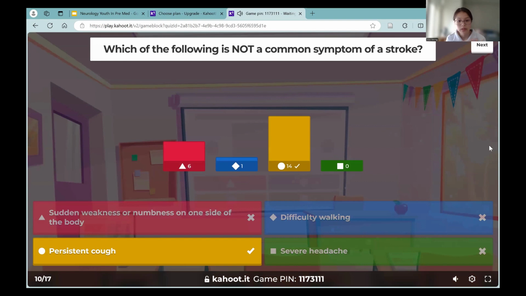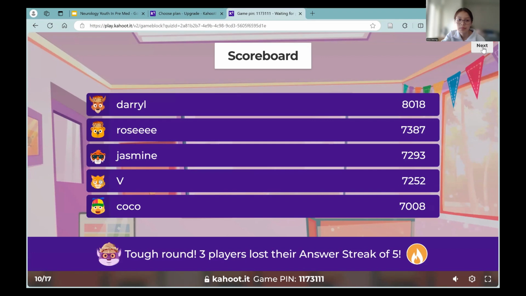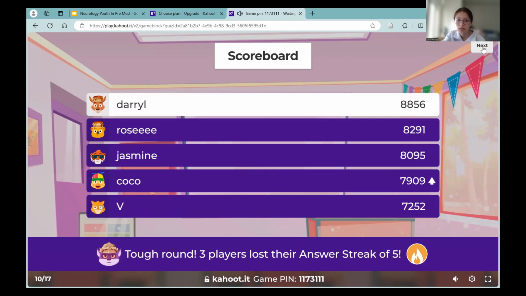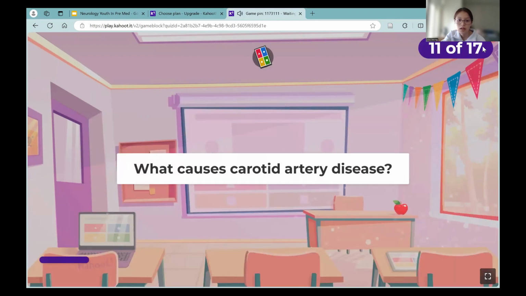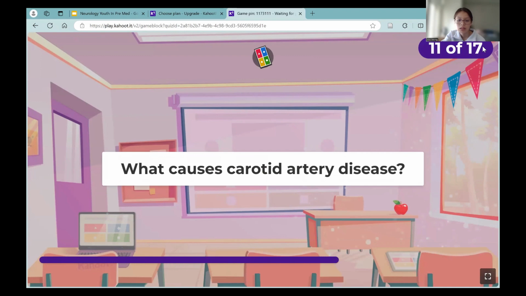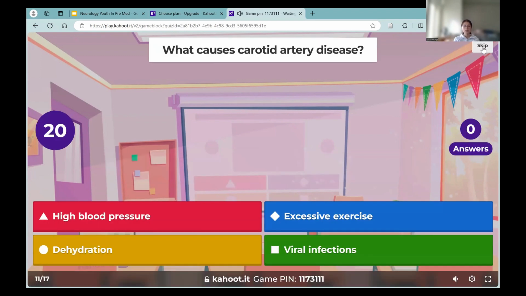So during a stroke, you might have a headache, you might have difficulty walking and balancing or speaking. And a lot of times if the stroke is on one side of the brain, you'll see changes on the opposite side of the body where you can't move. So there's weakness or numbness. And coughing isn't associated with stroke. And then what is carotid artery disease?